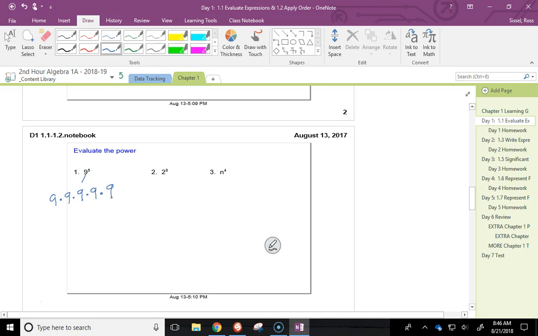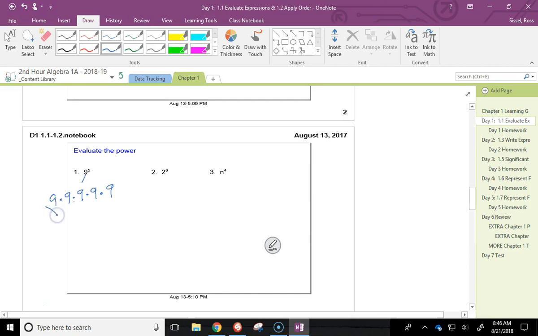Huge hint: once you show me that you understand this completely, when we use a scientific calculator, you'd be able to put 9 to the power of 5 and get your answer. But right now, part of our goal is that we can compute fluently. So I go ahead and do this.